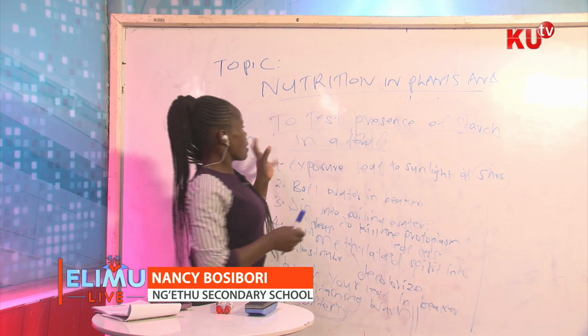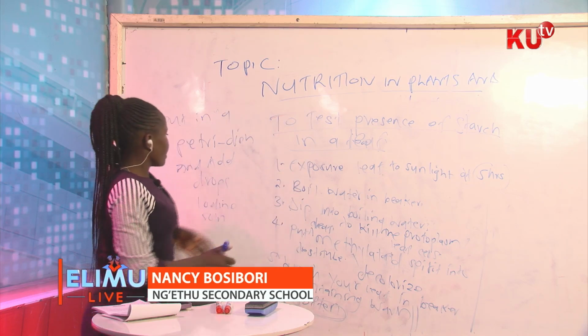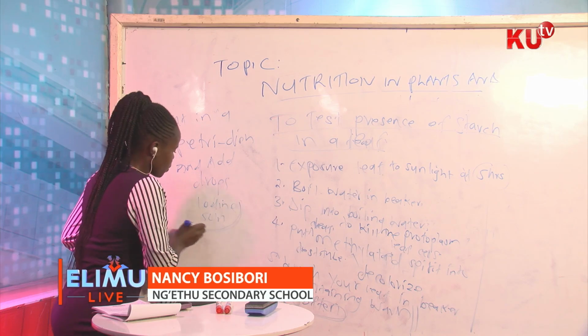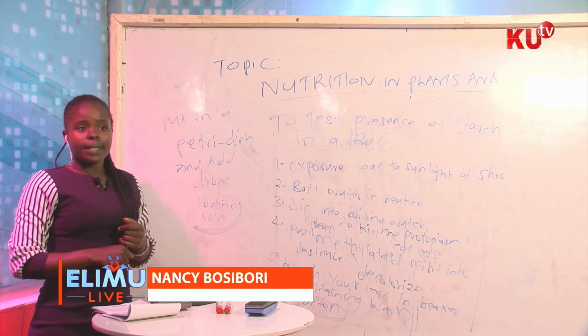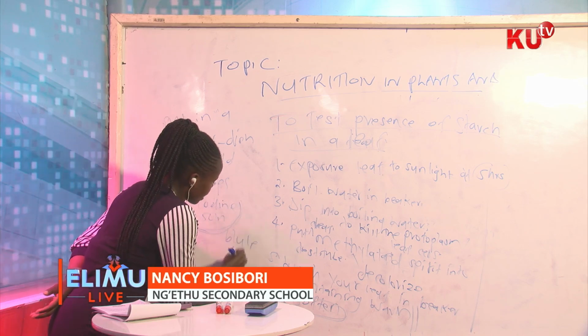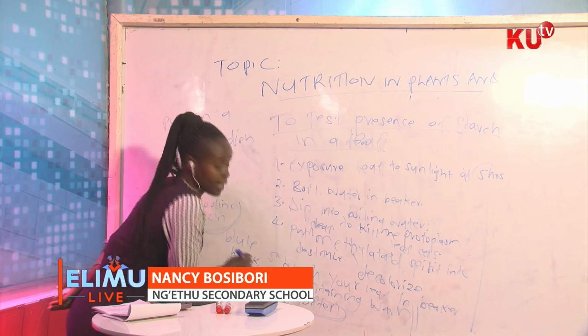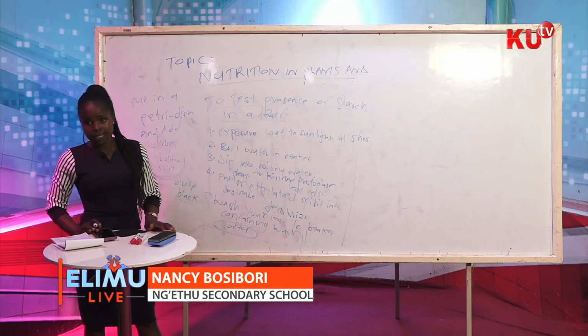So this is the procedure of testing for starch in a leaf. Using this last procedure, the color of iodine will turn blue-black, indicating that starch was present.